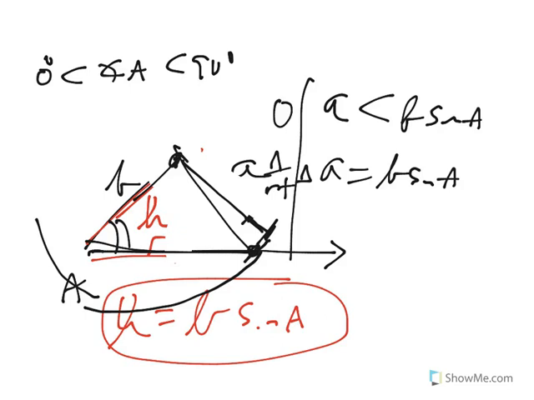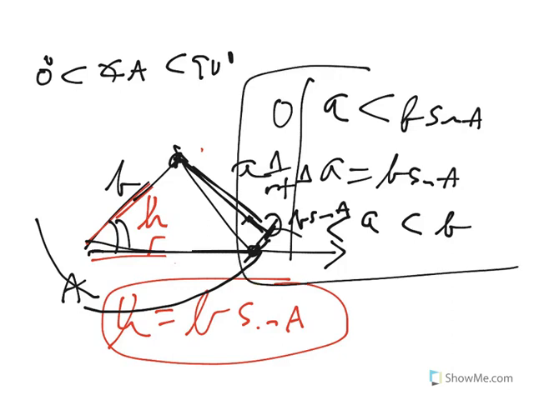So for there to be two triangles, A also has to be less than B. If A is bigger than B, this line's so long, you'll definitely get an acute angle, but you won't get the obtuse one. So the way you get two triangles is A is less than B, but bigger than B sine A.